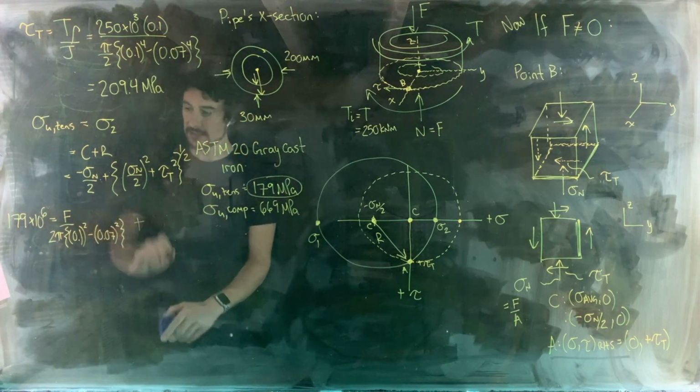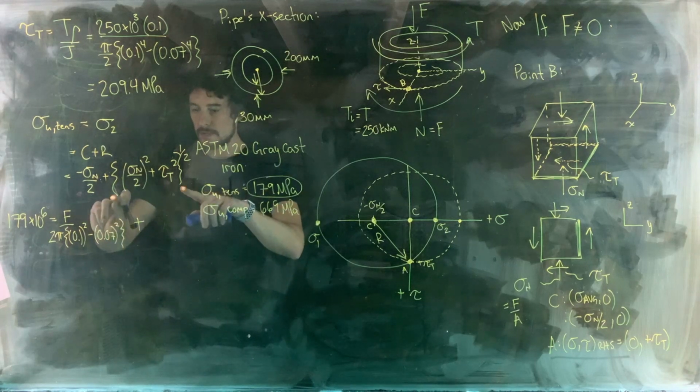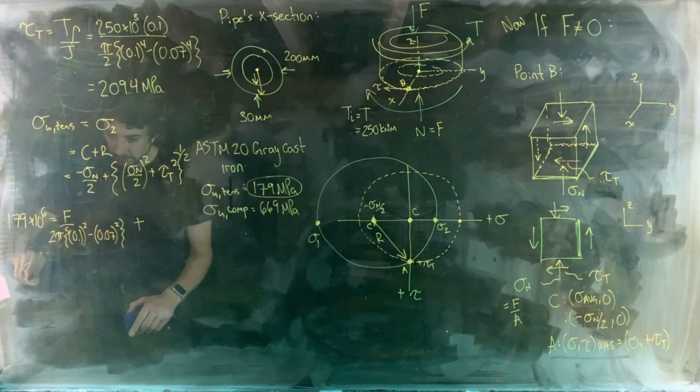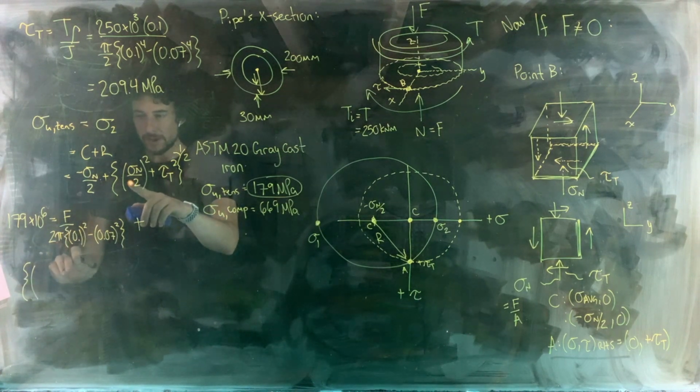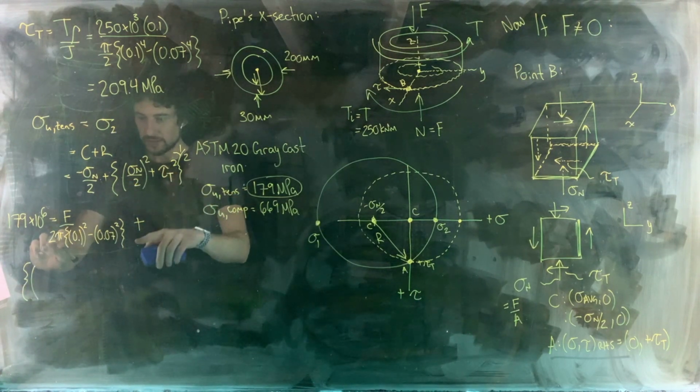And then plus, now the bit in brackets. So I'll just bring that out there. And we've got sigma n divided by 2 again, but squared, so this quantity again.